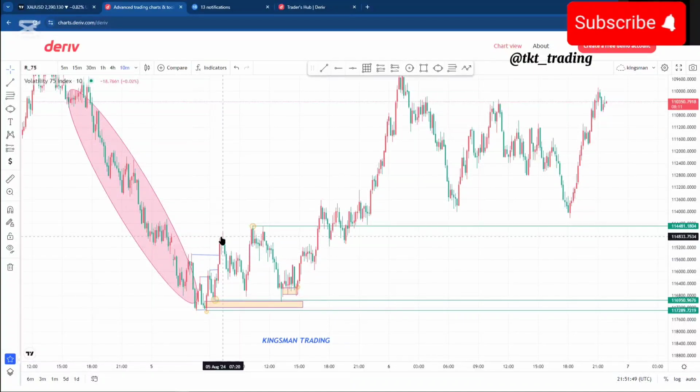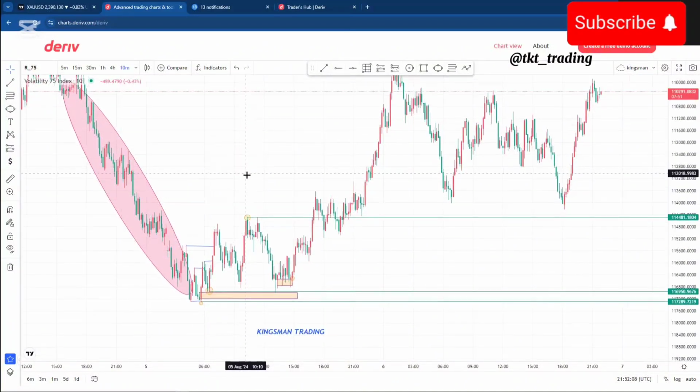As you can see, this high here is higher than this previous high. So now this has given us the confirmation that this trade is going to be a valid setup. Then for the entry, like I said, your entry is going to be your demand zone.